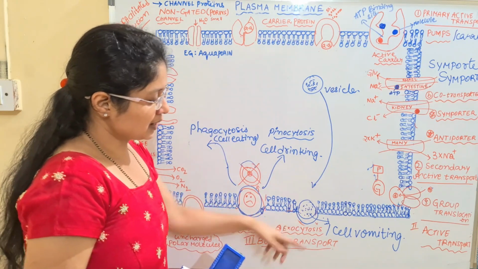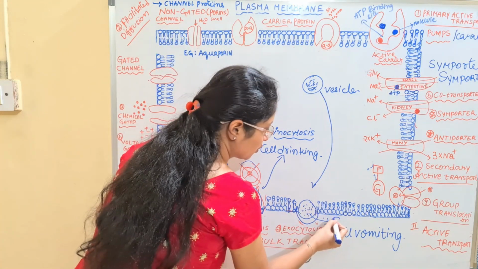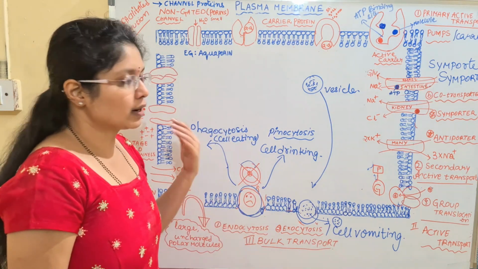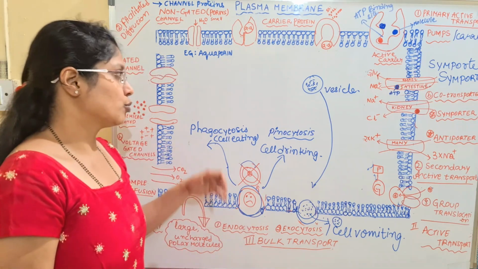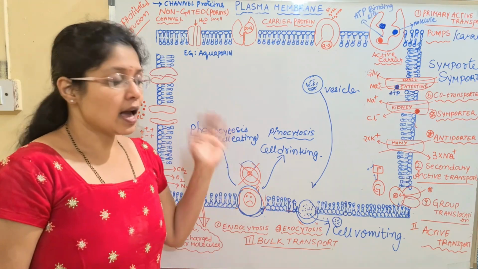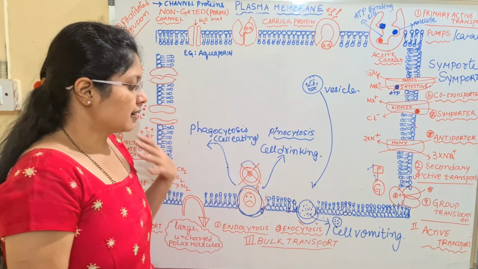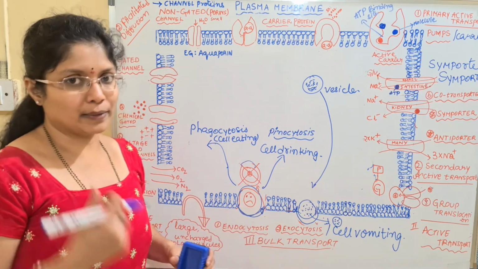Once it is released outside, the membrane will be sealed back to its original state, and the vesicle is released like this. In that way, insulin or any kind of hormones, proteins, enzymes, different types of substances or cargo present inside the cells can be exported out of the cell by exocytosis. As they are expelling these substances, we call it cell vomiting.